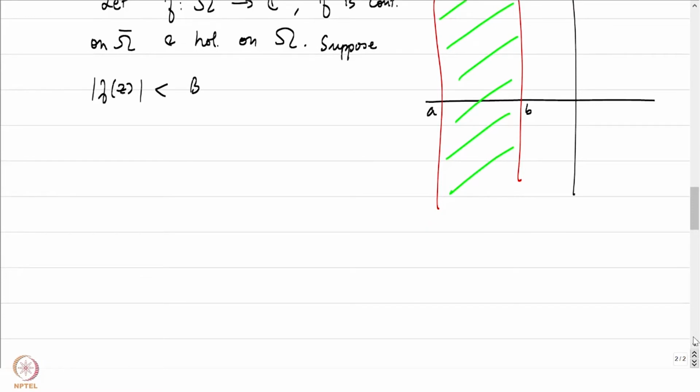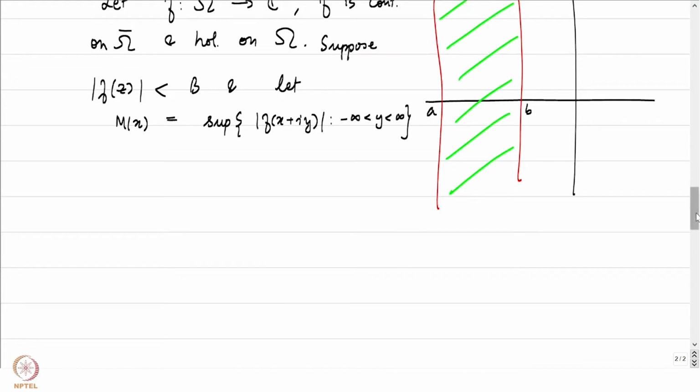Suppose we start with a function which satisfies the condition that the absolute value of f of z is less than B, and let M of x be equal to the supremum of the absolute value of f of x plus iy, where x is fixed and y is being varied.